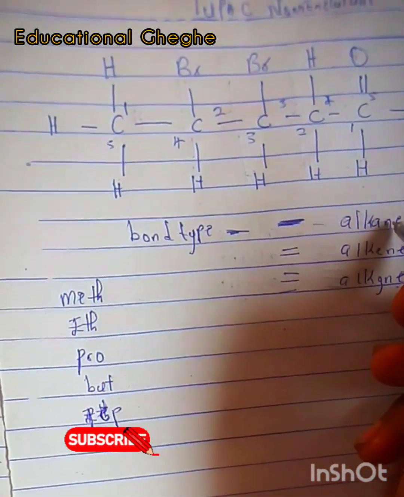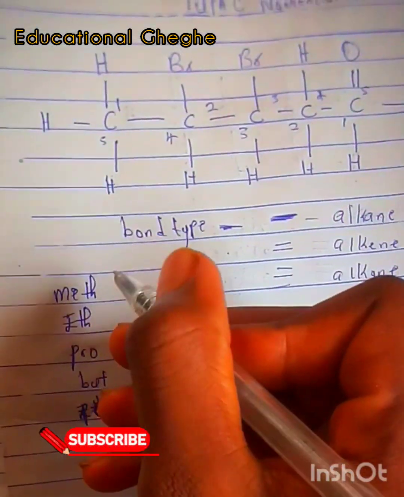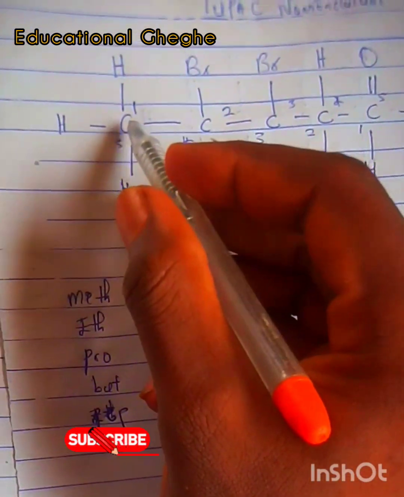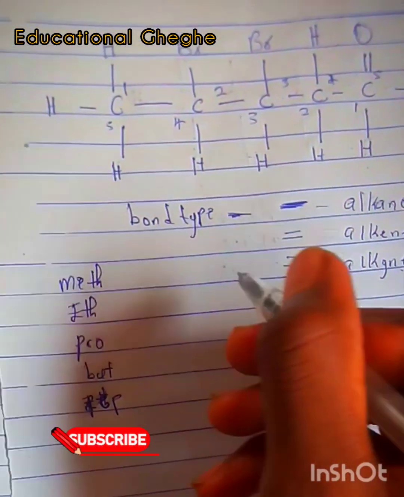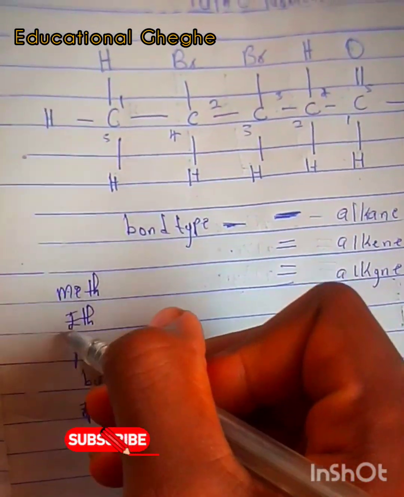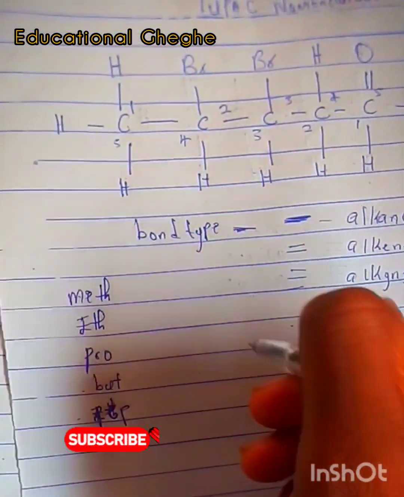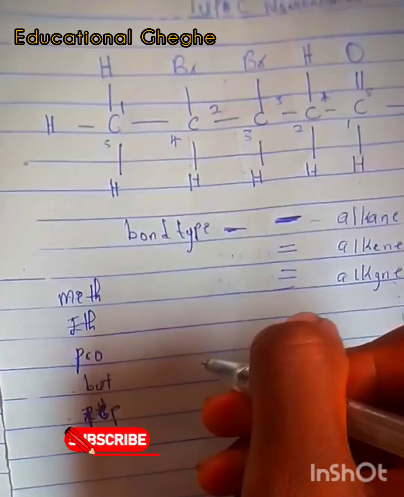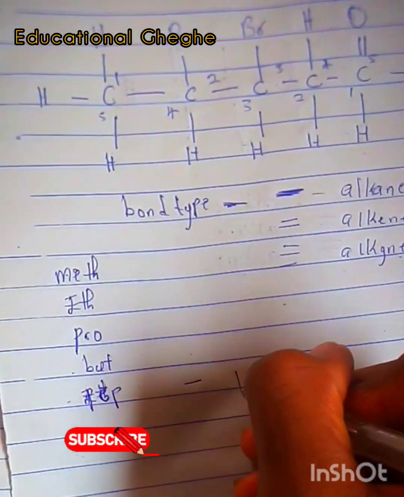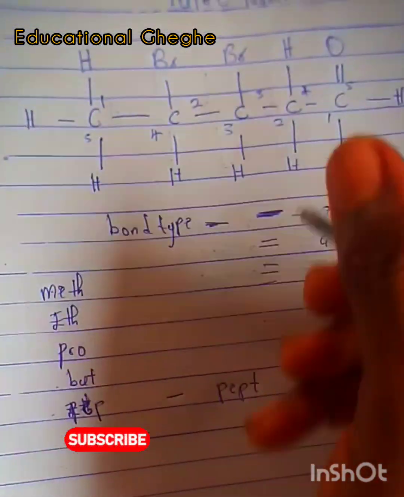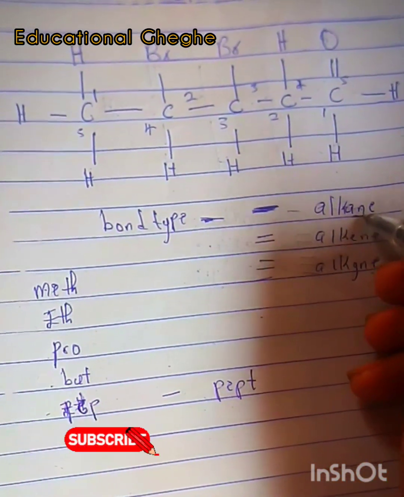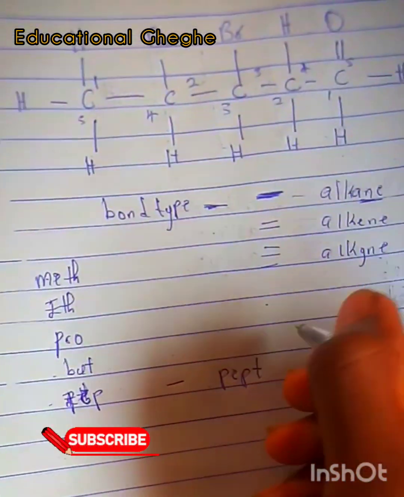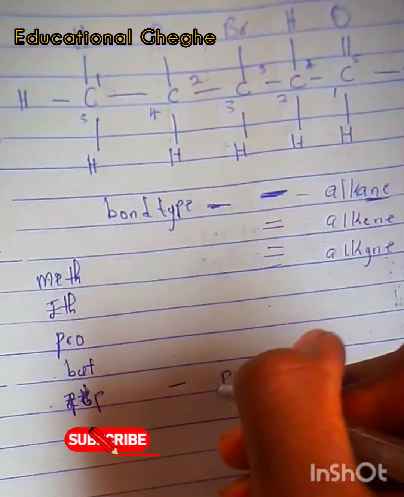Now, since this equation has single bonds, and remember, single bonds are alkane, what are you going to do? Since this compound is 1, 2, 3, 4, 5, it is 5, and 5 is pent. You bring out pent, and because it falls under a single bond, you add the suffix ane and it becomes pentane.